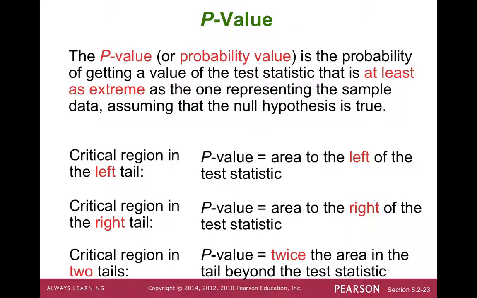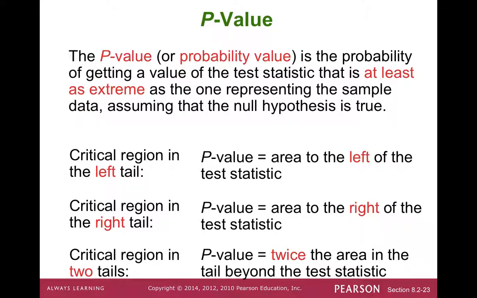Okay, so now we need to talk about p-values. A p-value is also called a probability value, and it's the probability of getting a value of your test statistic that is at least as extreme as the one representing your sample data. And we're going to, again, assume that our null is true. So if you're doing a left-tailed test, your p-value would be the area to the left of your test statistic.